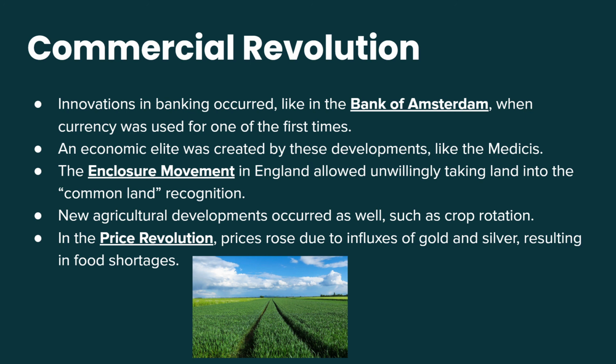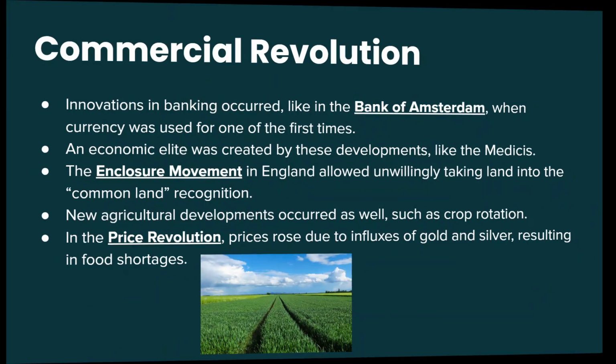And new developments occurred in techniques like crop rotation, in which, to avoid wearing down the land, they changed the crop. And in the price revolution, prices rose due to influxes of gold and silver, resulting in food shortages. So there were some negative results in this, and that was the price revolution.